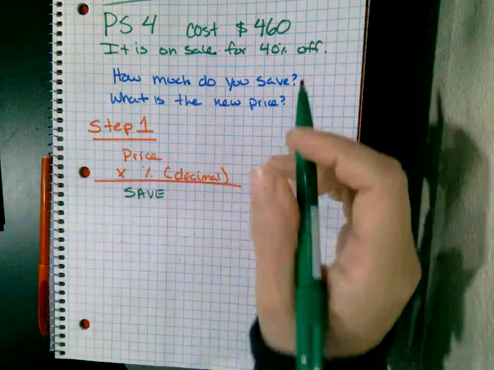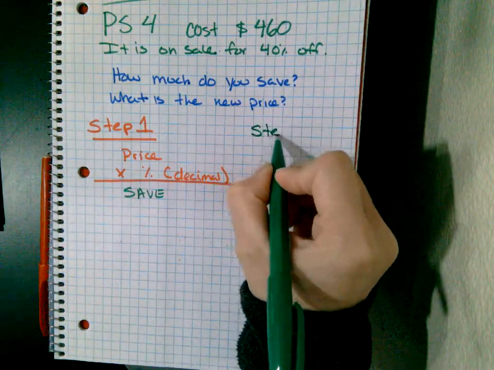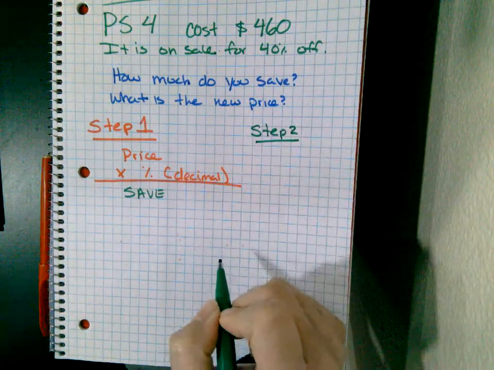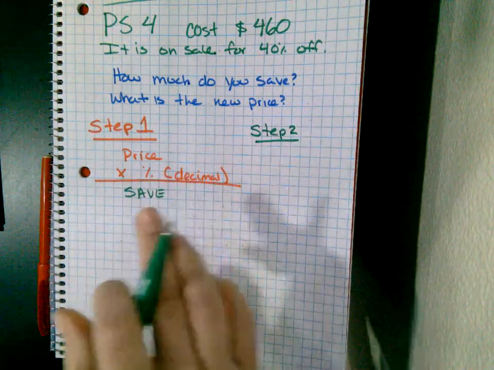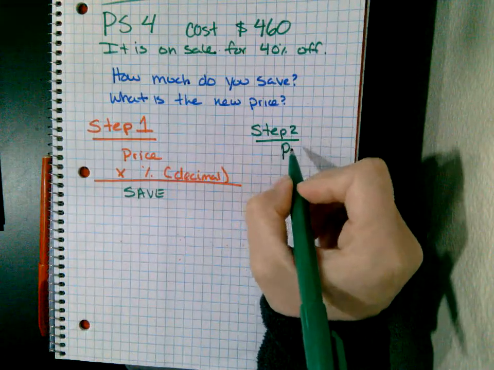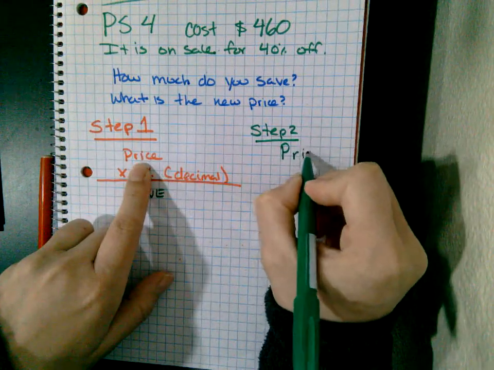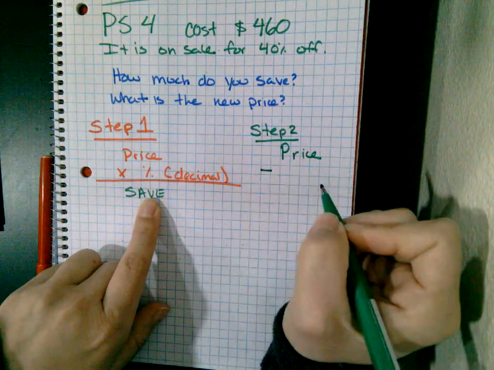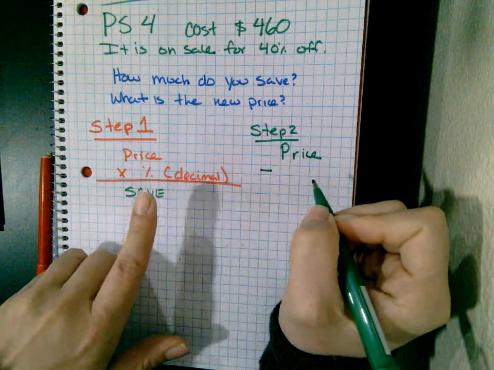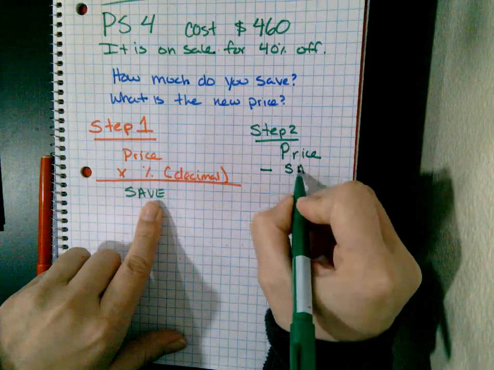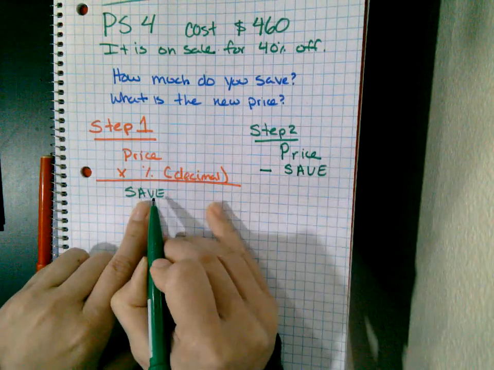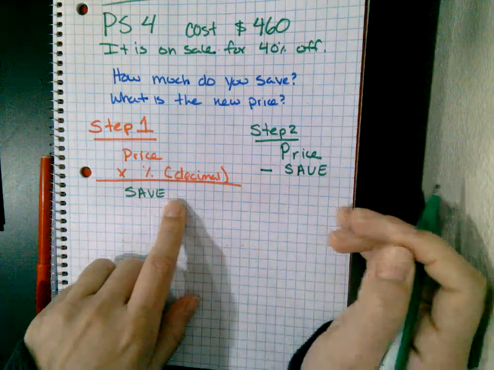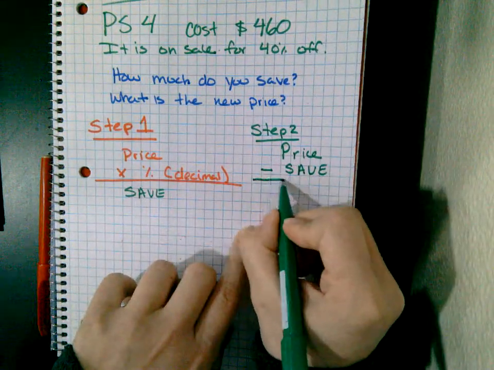All right. Step number two in discount. Step number one is to multiply. Step number two is you take your price, the same number you worked with over here, and you subtract your answer, your save. Whatever you solved for here gets transferred over.